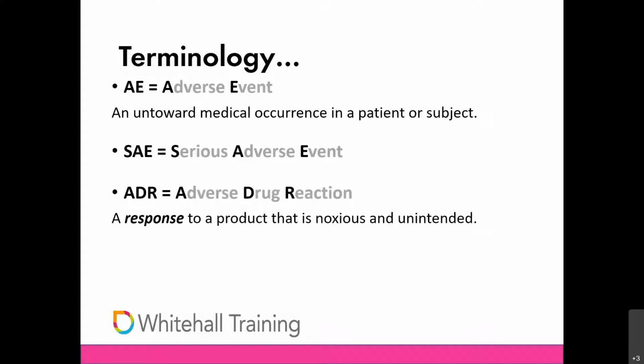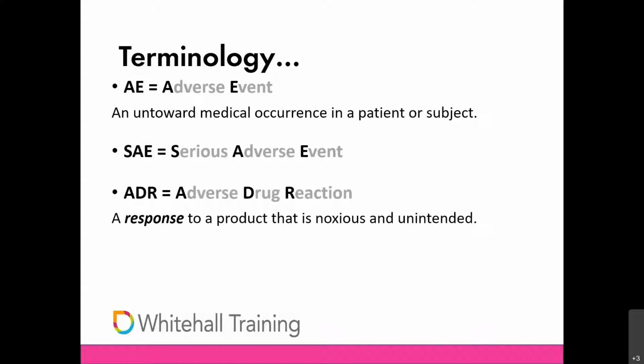So the difference between an ADR and an AE is that with an ADR, there's a level of causality. So the term response is related to where there's a causal relationship to a medical product. So it's known, or at least a reasonable possibility. So it's an adverse event with a causal relationship.